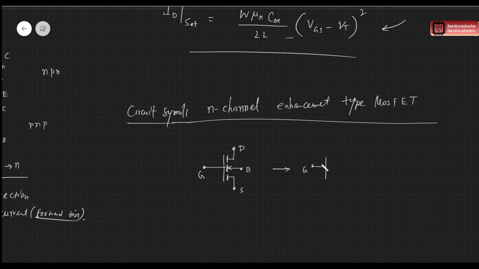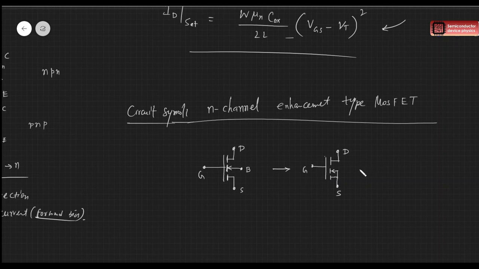So this is our gate, this is drain, and this is body, this is source. So we can connect this together. And this will be just the source. So we don't put the ground terminal, and the arrow is inside.